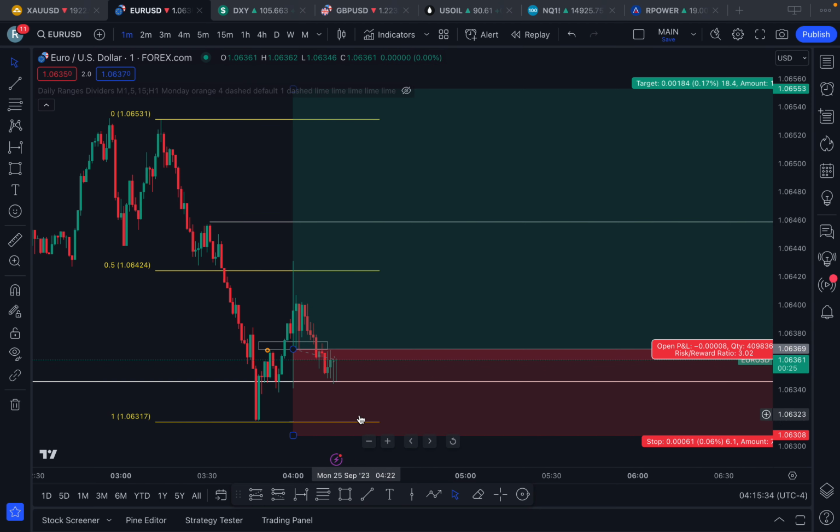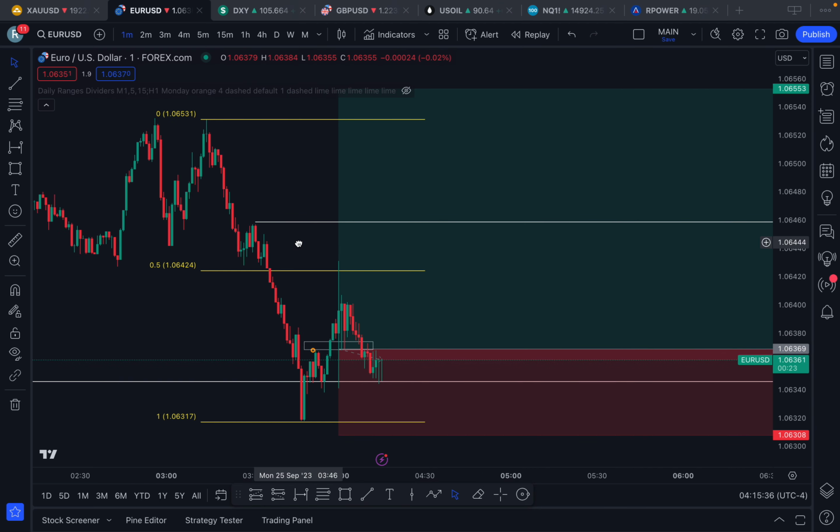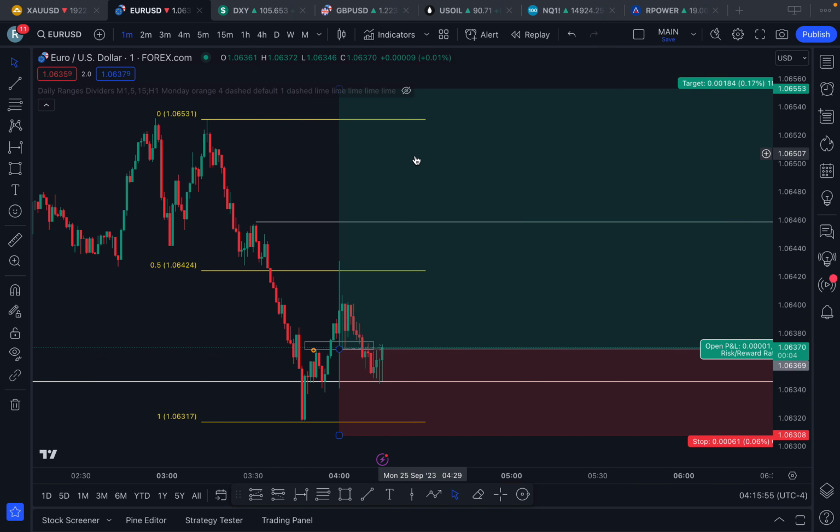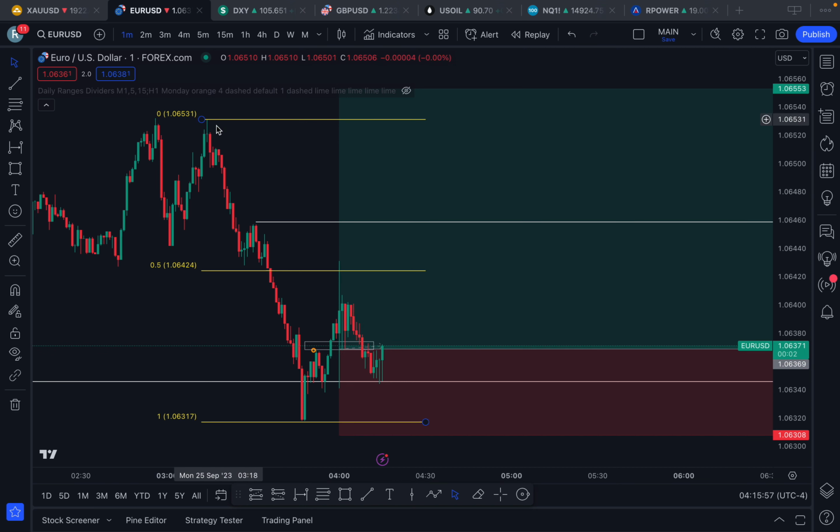If this is the trading range and this is the equilibrium, this is a breaker, right? These are the fair value gaps. That's an order block. These are the old highs.